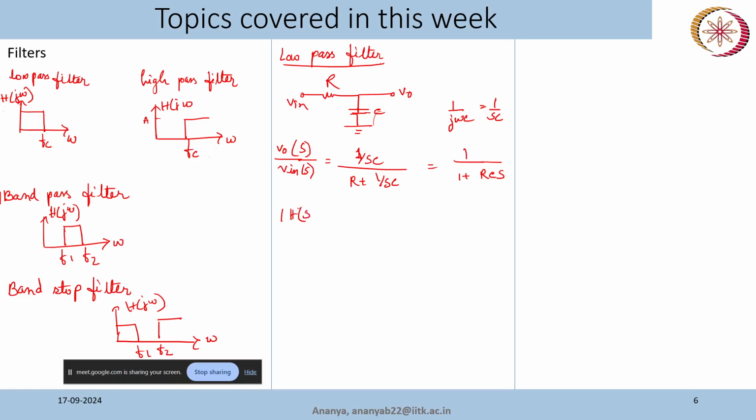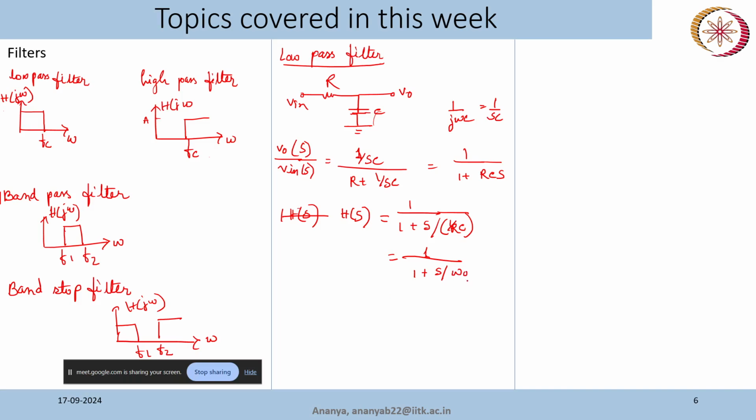We can write it as 1 by 1 plus S by omega naught, where 1 by RC we denote as omega naught.